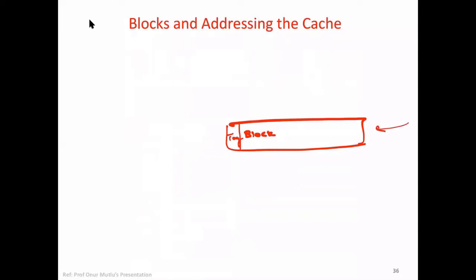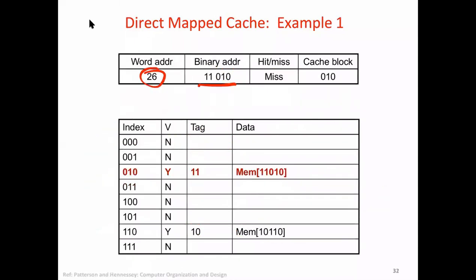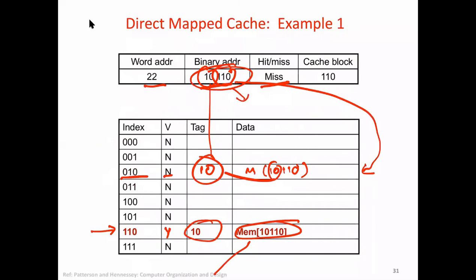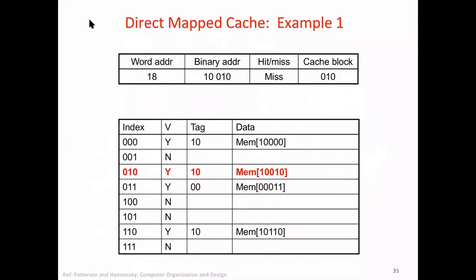Now instead of that, when we say 4 things are mapping into one location, why can't we say that 4 are mapping to two on the same index, 2 sets? So we'll start doing that. We'll increase the associativity. All right, so we'll start from here in the next slide.